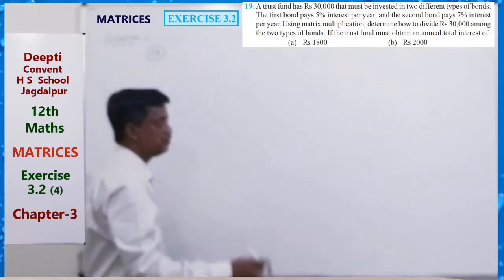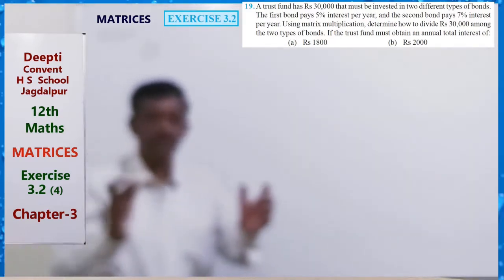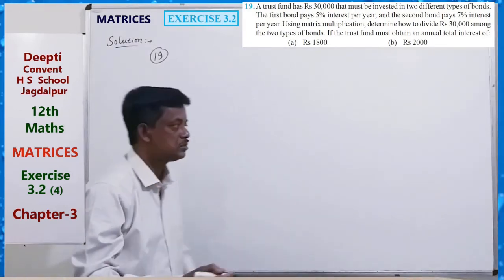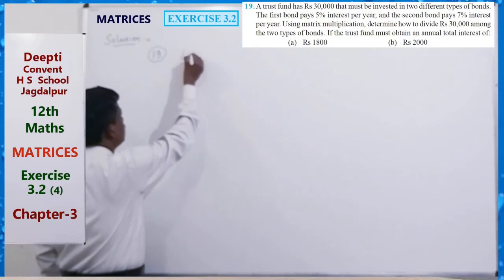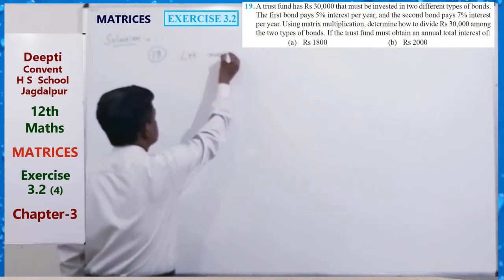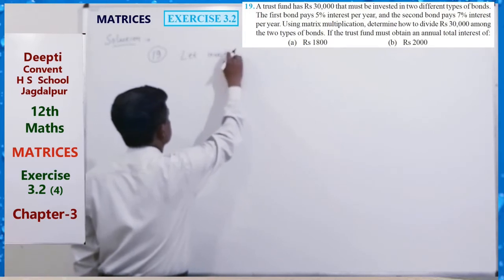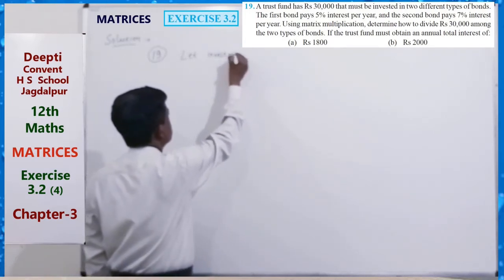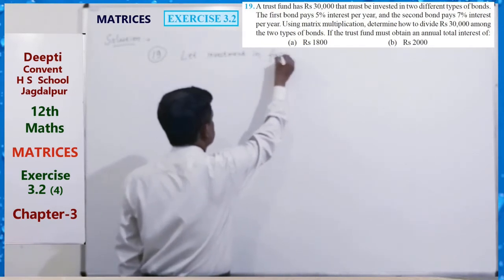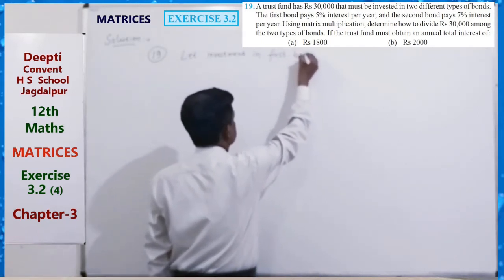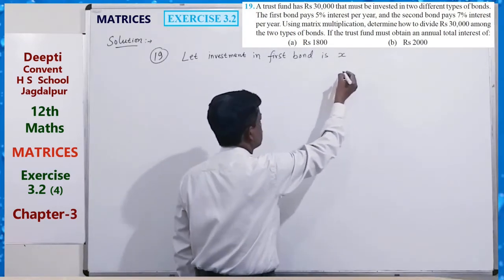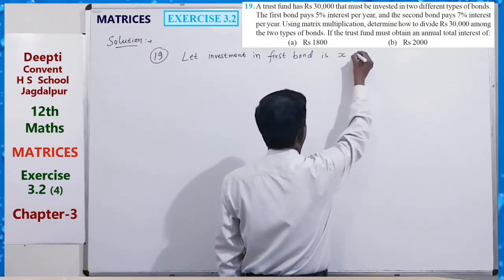Okay, so we have to divide 30,000, that is, 30,000 has to be invested in two bonds. So let the investment in the first bond be X rupees.